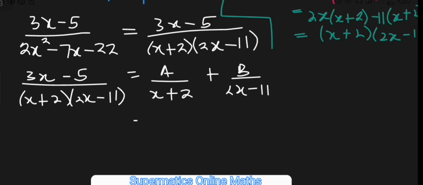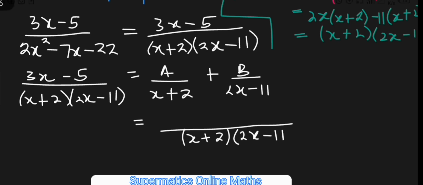Then the lowest common denominator is the product of the factors (x + 2) times (2x - 11), which, when the partial fractions are expressed as equivalent fractions, gives us A times (2x - 11) plus B times (x + 2).